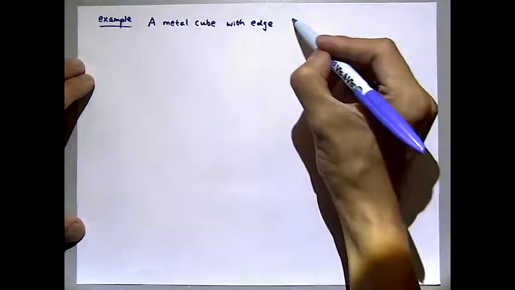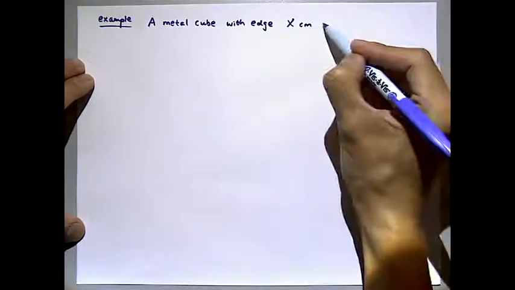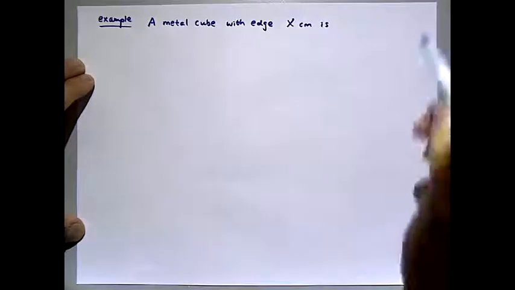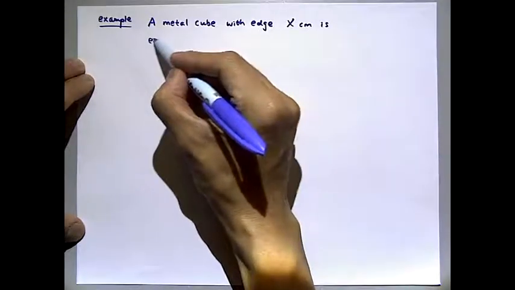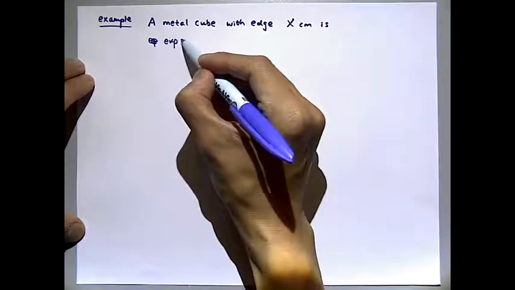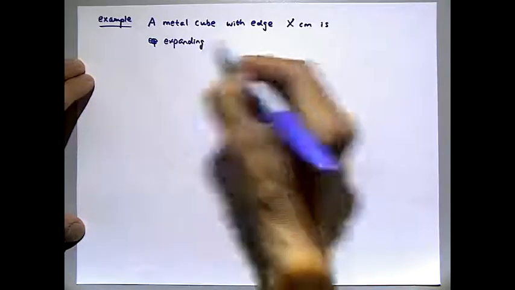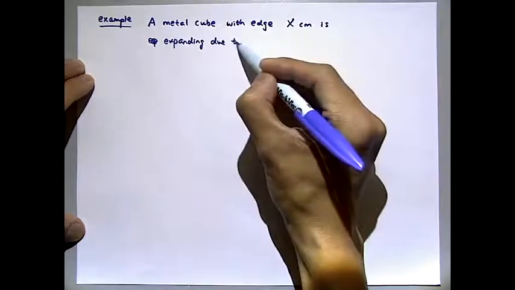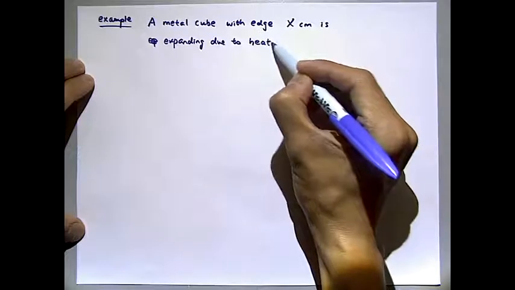Each edge is x centimeters. And this metal cube is expanding because it's being heated.